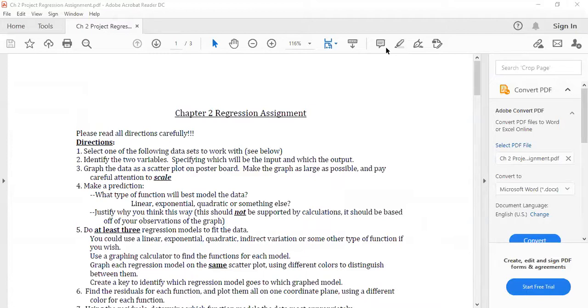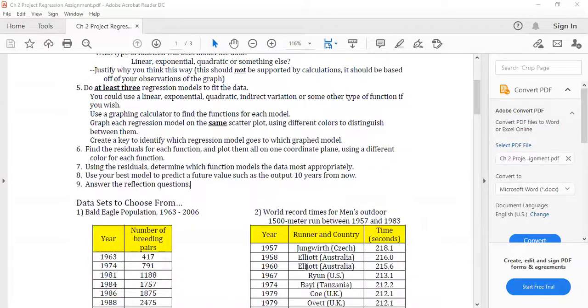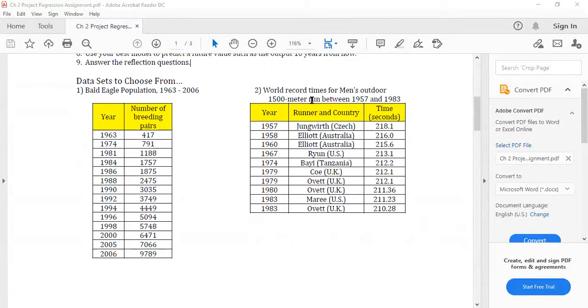What, number two? V2? Is that what you're asking for? Yeah. Number two is just identifying the two variables. So in your data set, like for my data set here, I identified my two variables. I have 3 columns here, but runner and country are words.